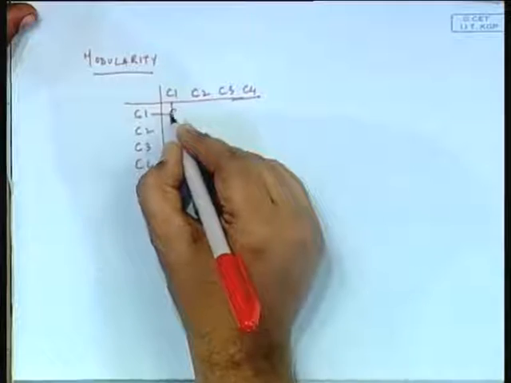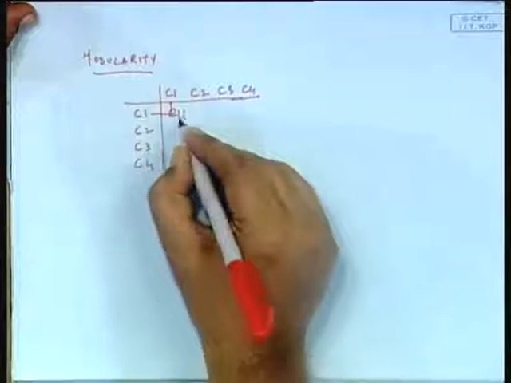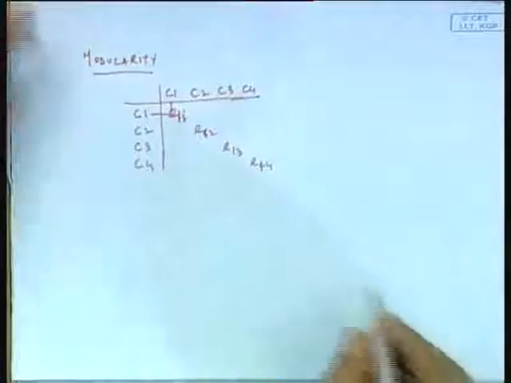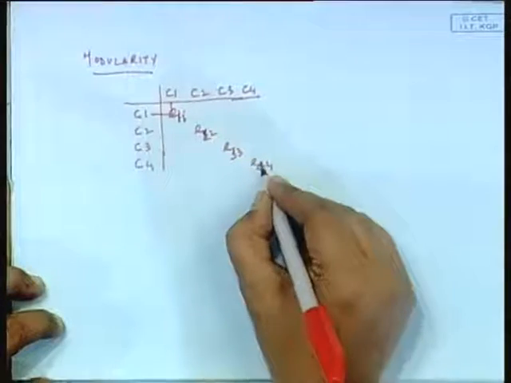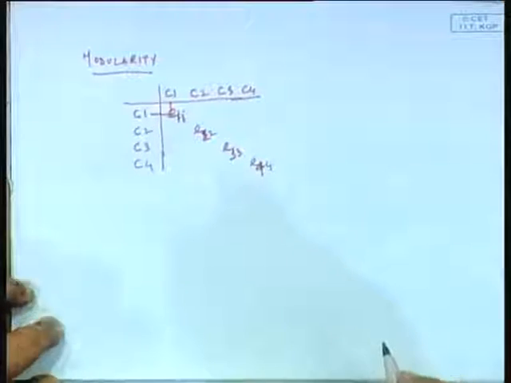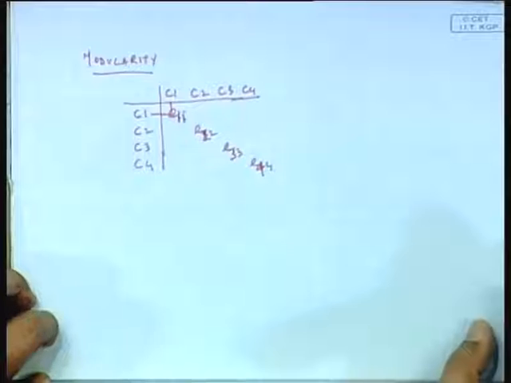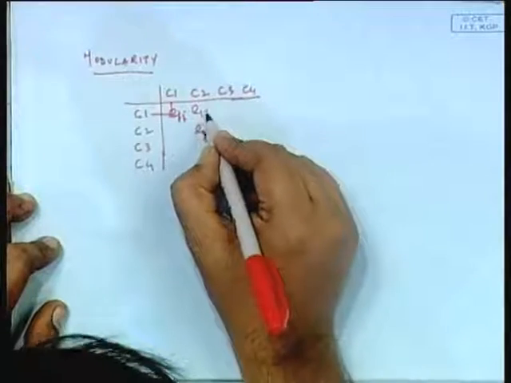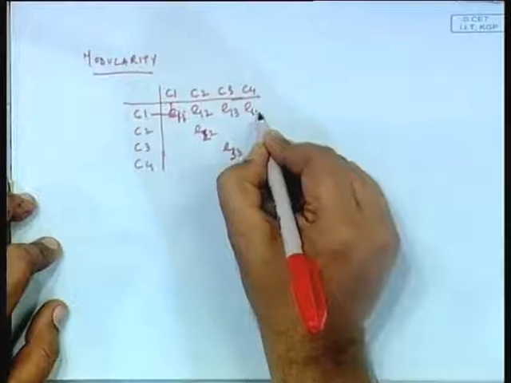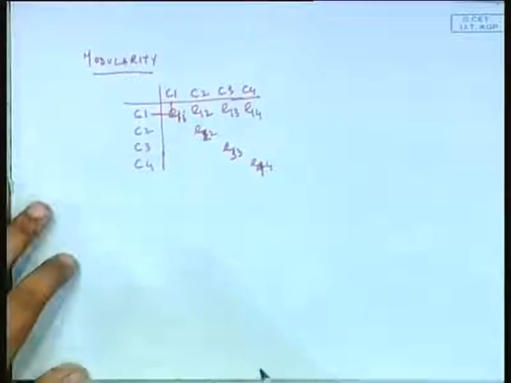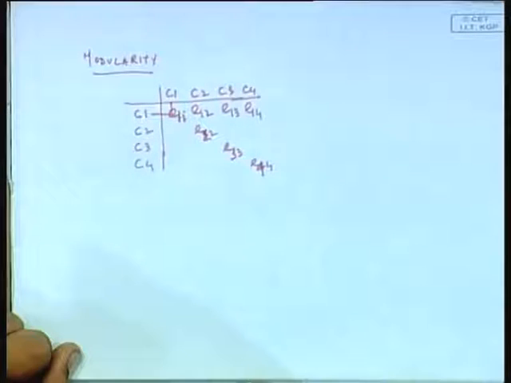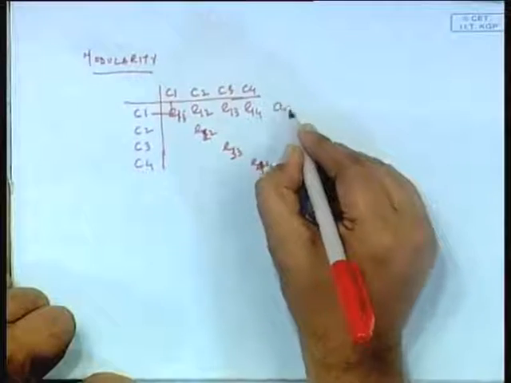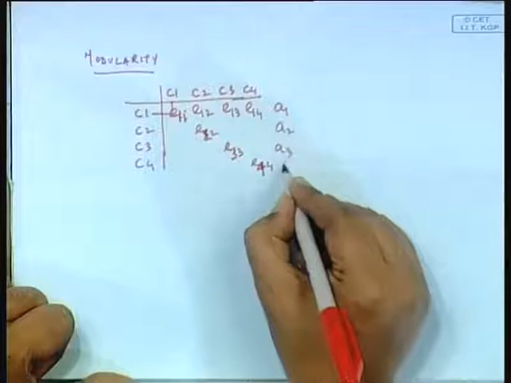If I write E11, E12, E13, E14, and E22, E33, E44, these are the number of edges inside the communities, and these are the number of edges connecting the communities, between the communities. So, this will give A1, A2, A3, A4.